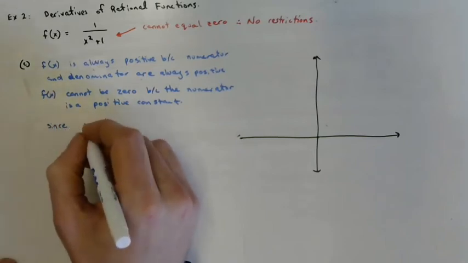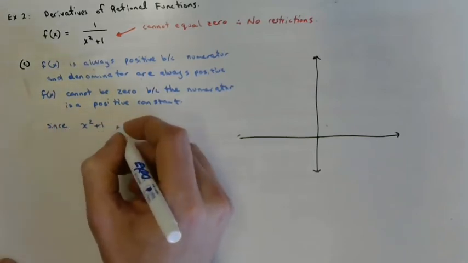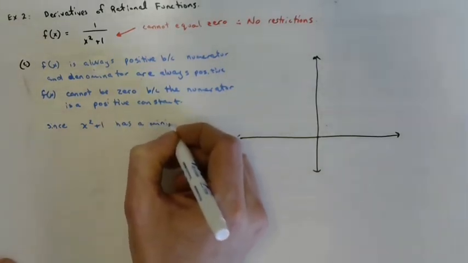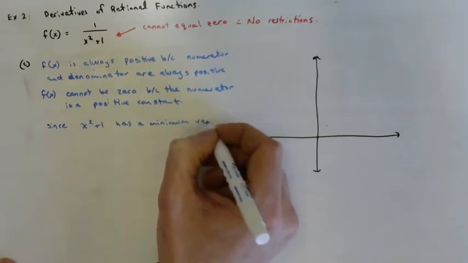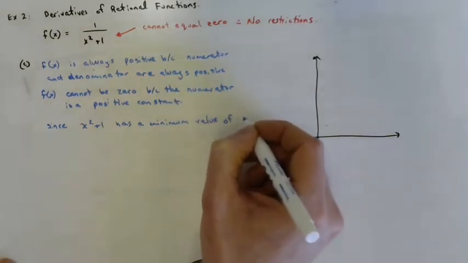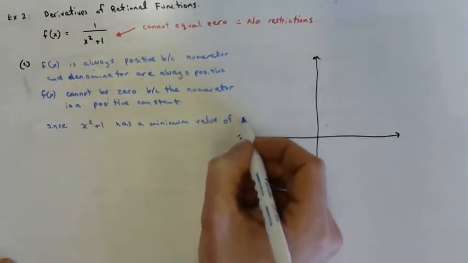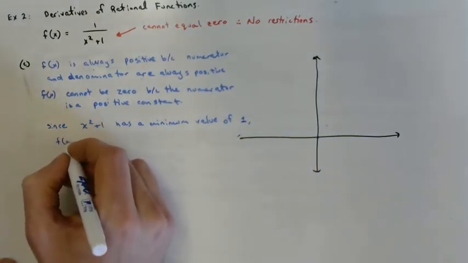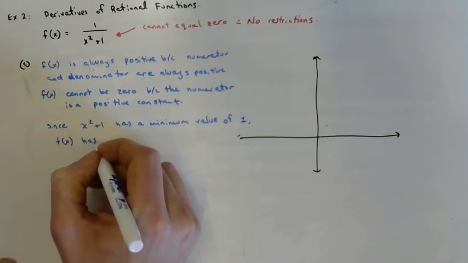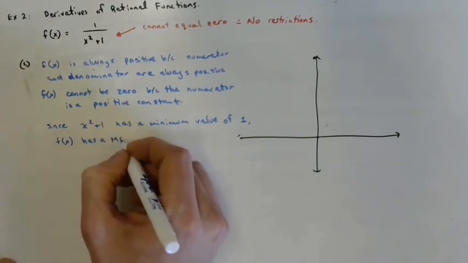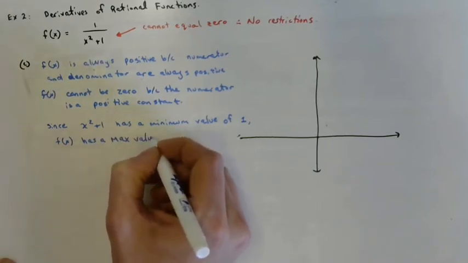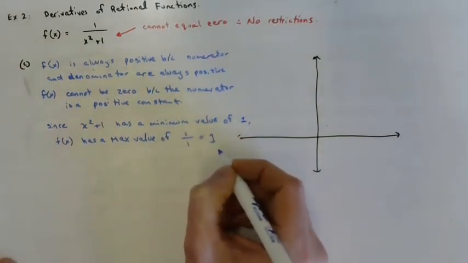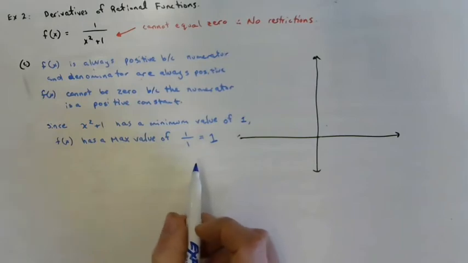Since x squared plus 1 has a minimum value of 1, f of x has a max value of 1 over 1, which equals 1. And where does that happen?